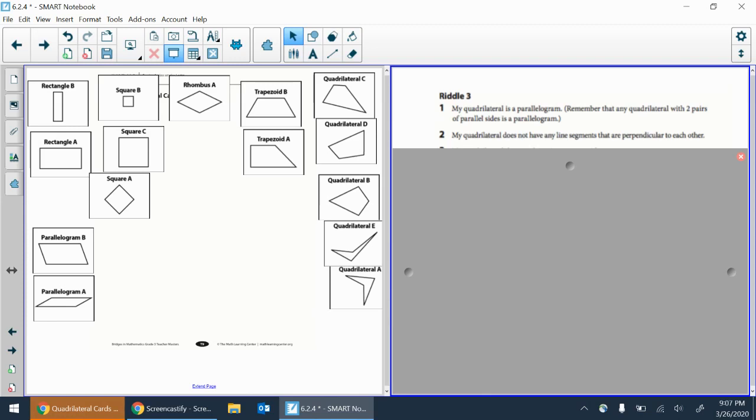And then perpendicular is where it comes together at a 90-degree angle. So perpendicular means that two lines are coming together to make a 90-degree angle. This quadrilateral, however, does not have any lines that are perpendicular. So go ahead and sort your shapes, pause the video, and come back when you're ready.